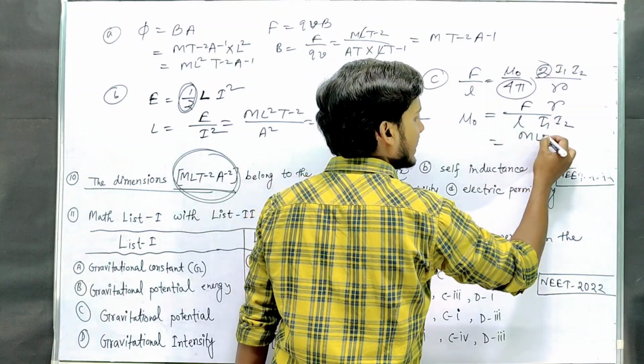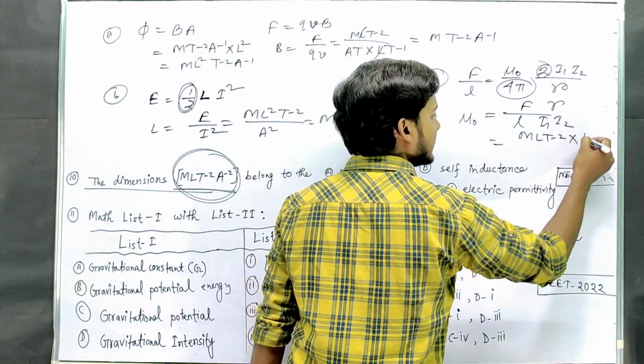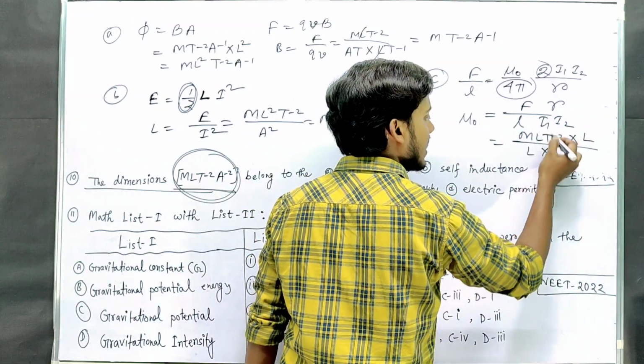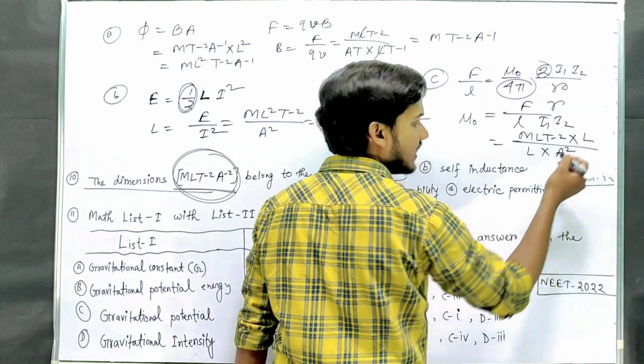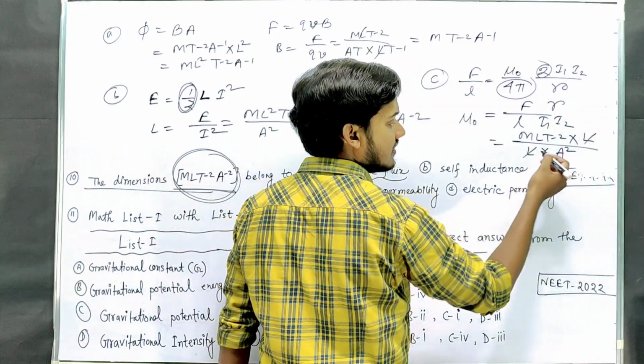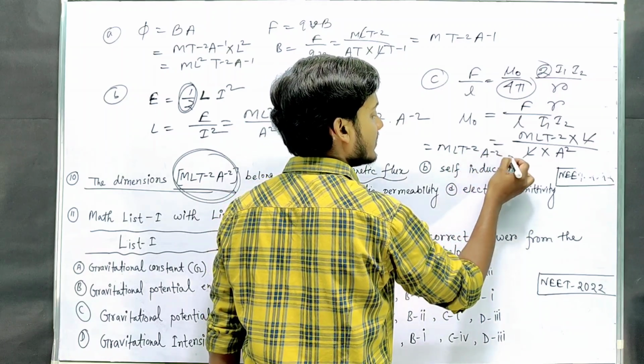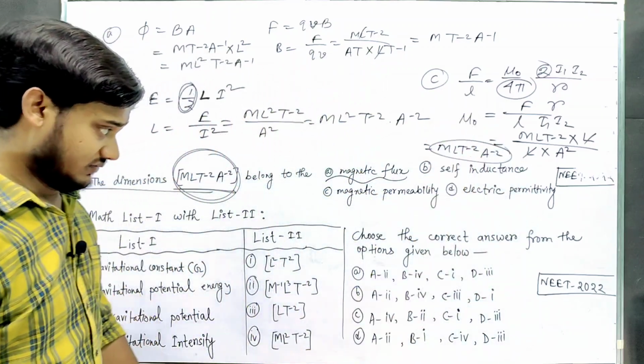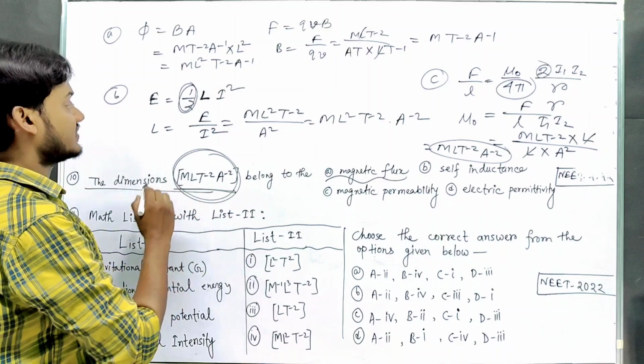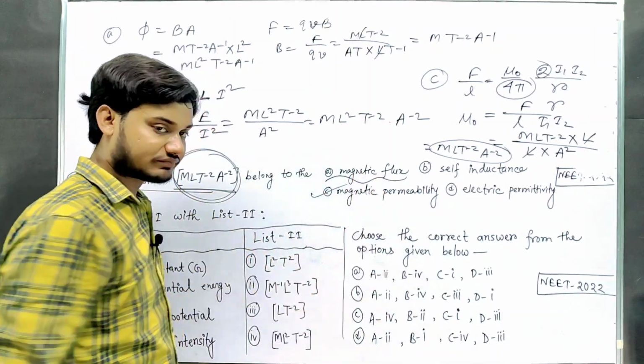F means MLT inverse 2, R means L, L means L, I1 I2 means A into A, so we can write MLT inverse 2 A inverse 2. Okay, so this is the right answer, option C.